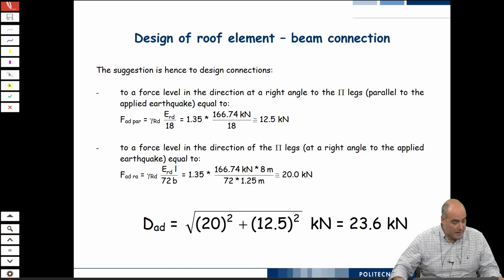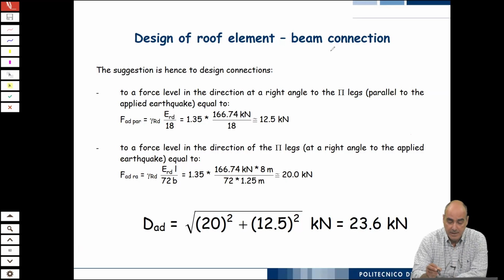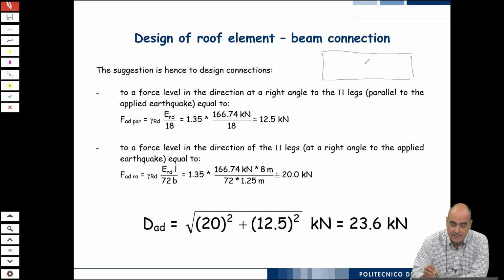For the roof element to beam connection, we used that model that we have seen yesterday, and we said, okay, if you have a force here, you can say if the force comes in this direction, you can expect these to be reaction forces, so let's put them in this way.